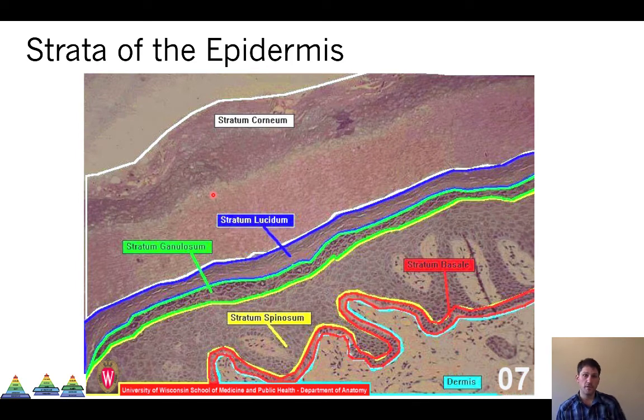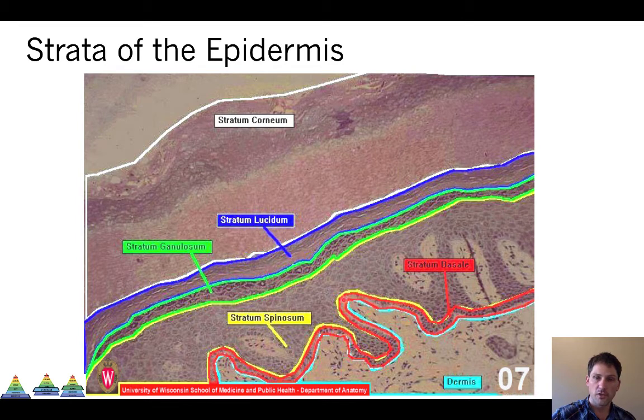So here's a nice image with all of these different layers drawn in and labeled. Down here we can see our dermis. Just above that we see our stratum basale. This blue line would indicate our basement membrane.